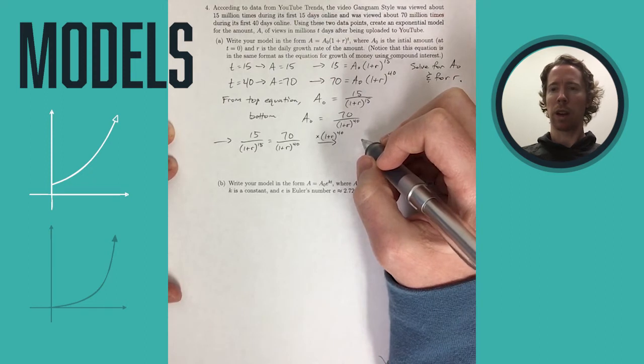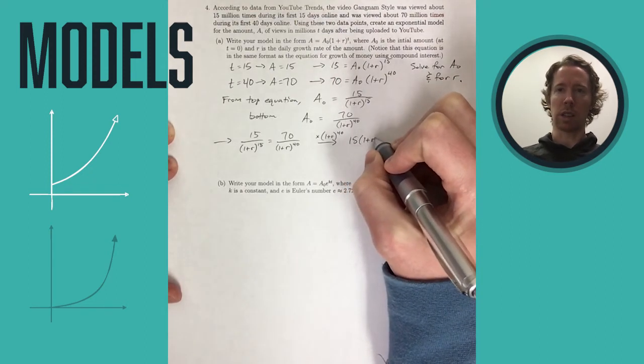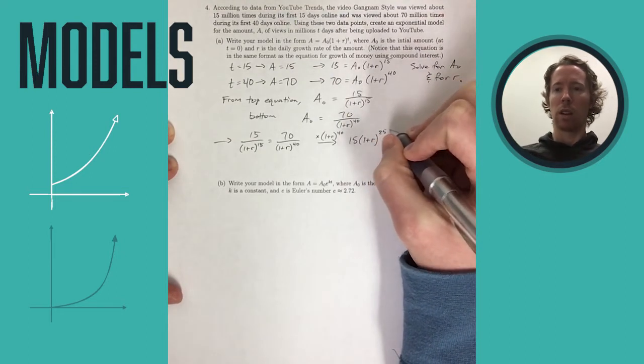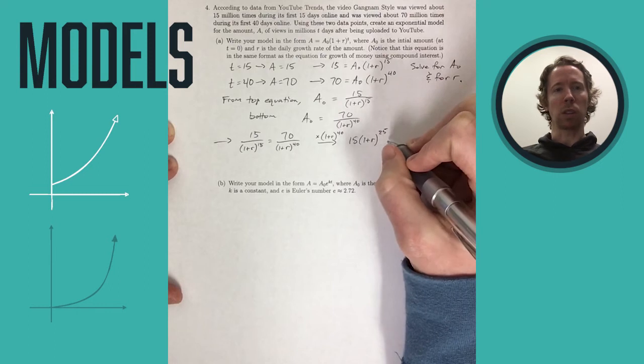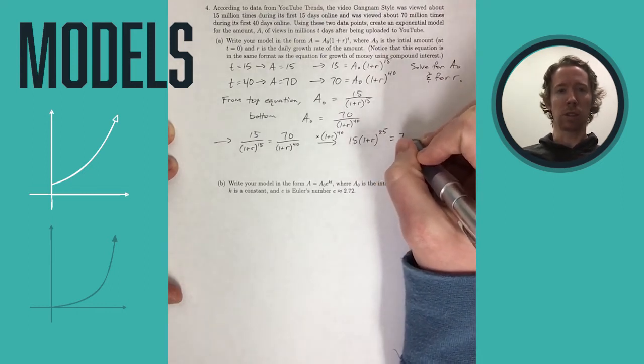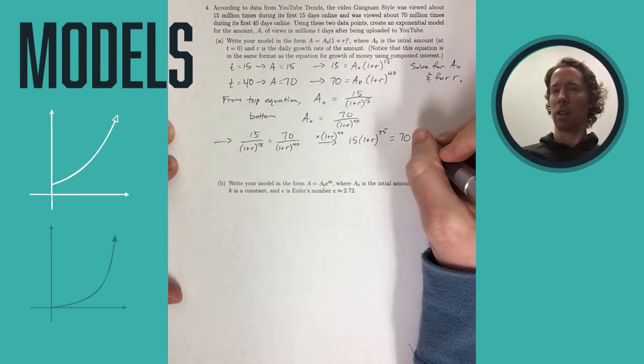When I multiply the right side of the equation by 1 plus r to the 40th, I just get 70. But when I multiply the left side by 1 plus r to the 40th, I've got a 1 plus r on the top and a 1 plus r on the bottom. So I just subtract the exponents. 40 minus 15 gives me 25. So I get this equation.